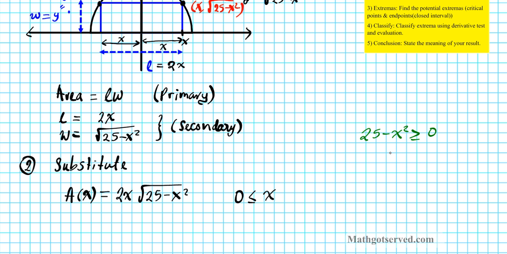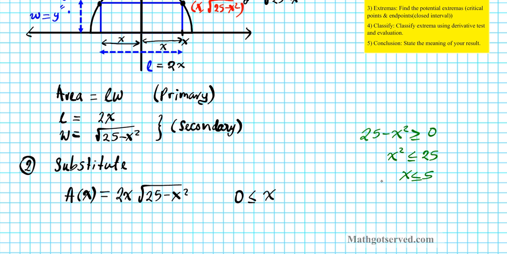We have x squared is less than or equal to 25, and if you take the square root, the solution is x is less than or equal to 5.